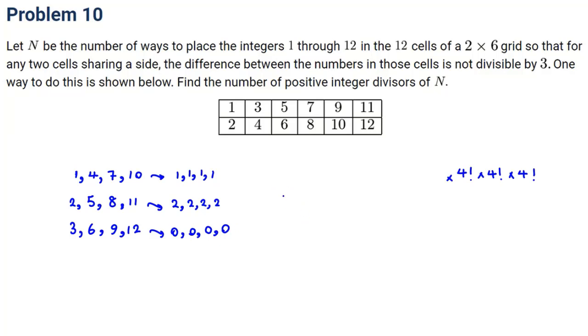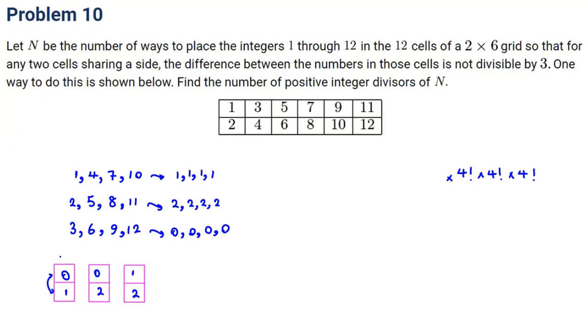Now, if we consider the columns, okay, the columns can be what? 0, 1 or 1, 0, or you can switch. The next one, 0, 2. Again, you can switch. And the third one is 1, 2, the only possible case.